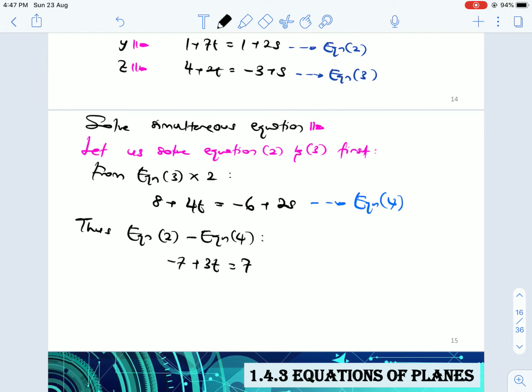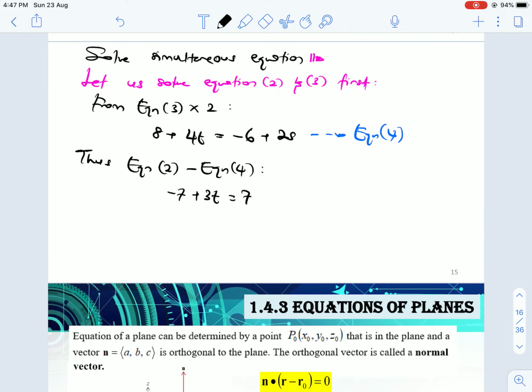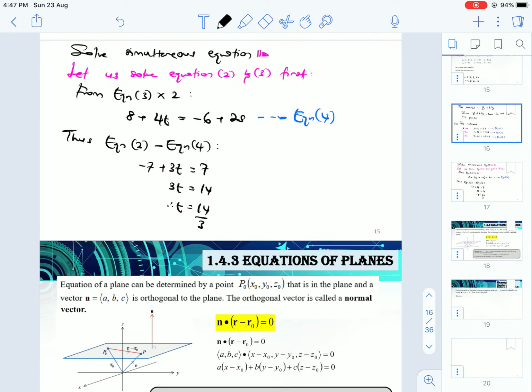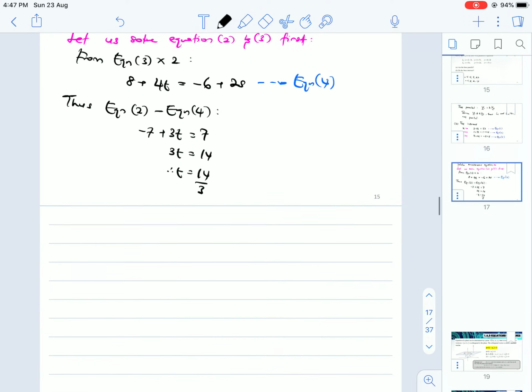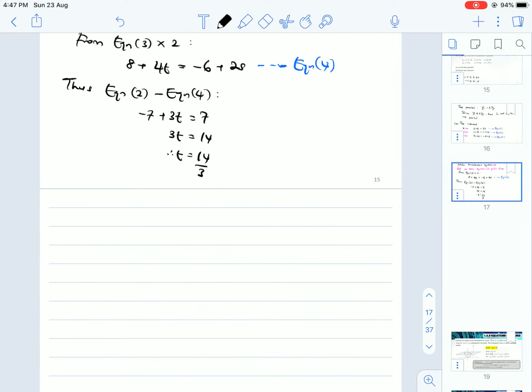And 2s minus 2s we get 0. So we can solve this: 3t equals 7 plus 7, which is 14, therefore t equals 14 over 3. So now we already have the value of t. Next we need to find the value of s.